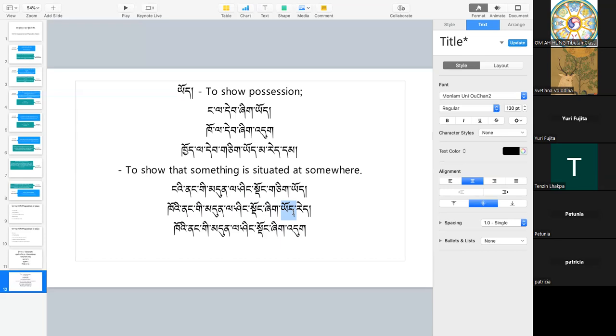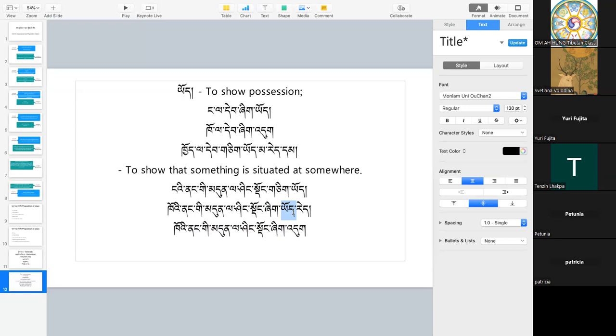So the difference, as you see, is that in one case it's talking about possessing, and therefore it has to be used in that way. But when we talk about something that is being situated somewhere, we normally use yö not as the actual term that talks about having, but as a term that talks about being or situated.